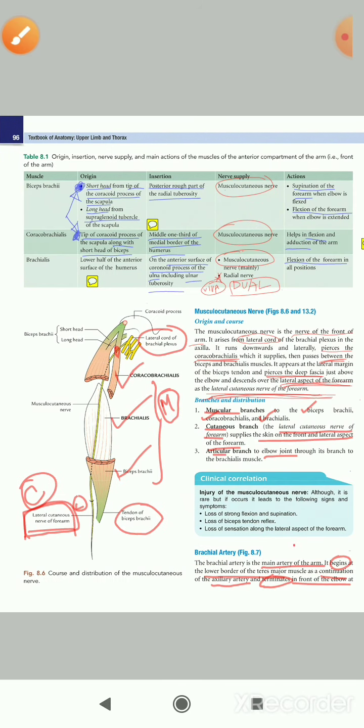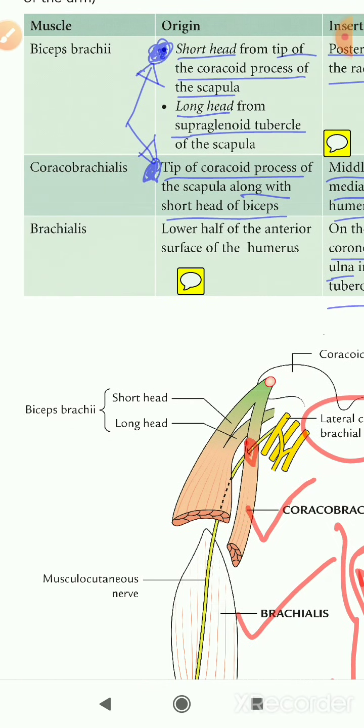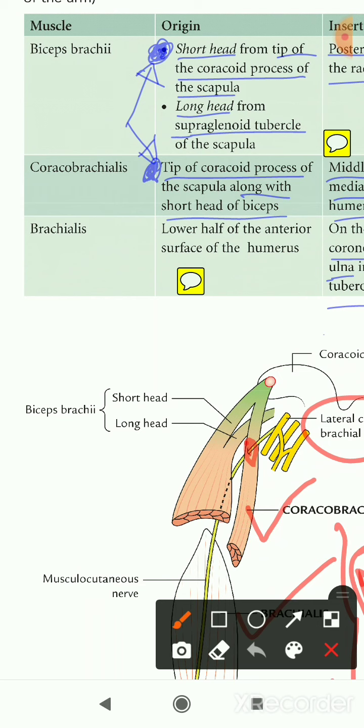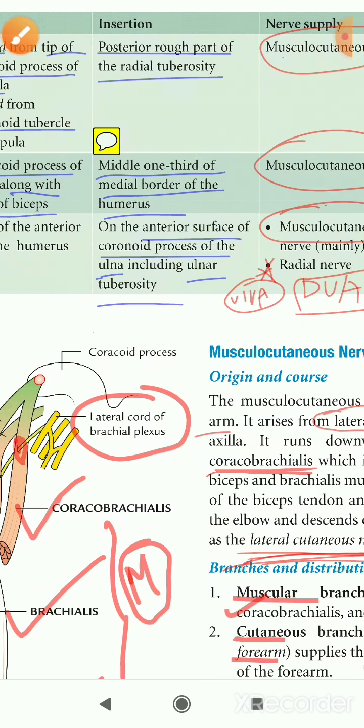Then come to the next muscle. This is the coracobrachialis. It originates from the tip of the coracoid process along with the short head of the biceps. So from the tip of the coracoid process, two muscles arise: one is the short head of the biceps, and another is the coracobrachialis. Then where is it inserted?